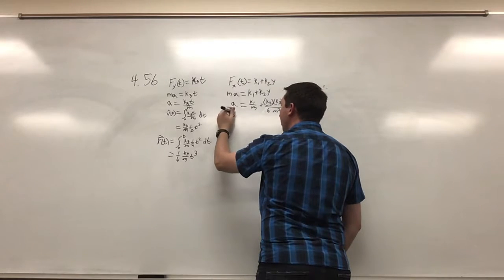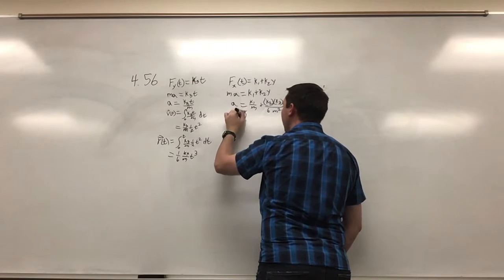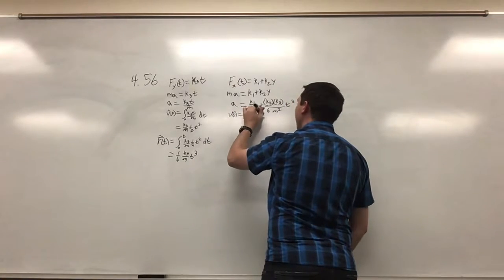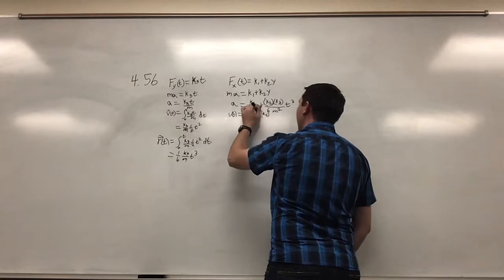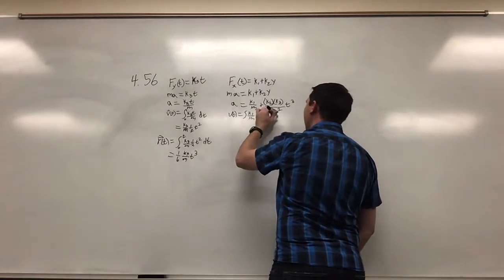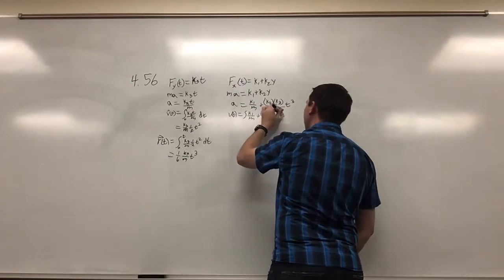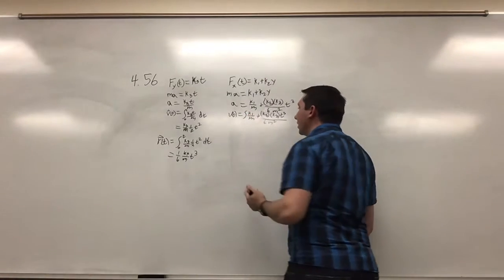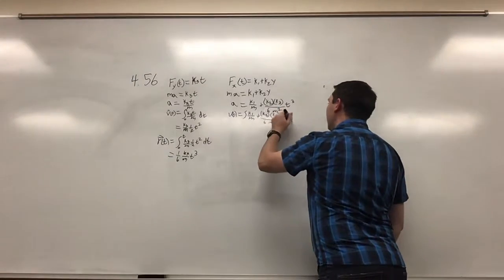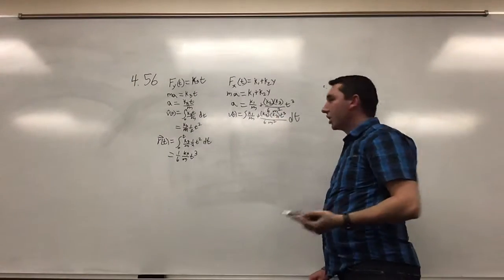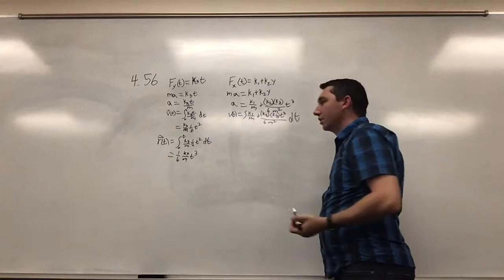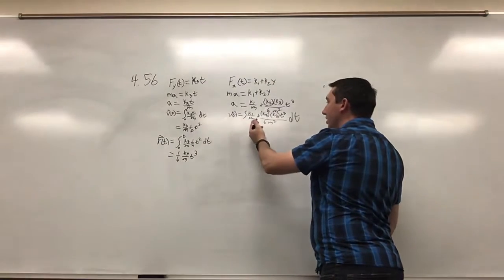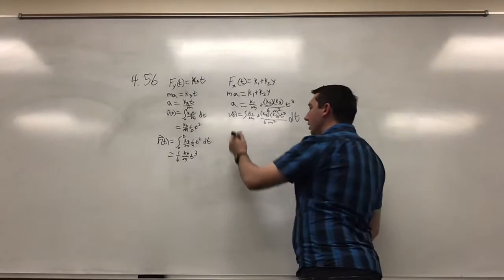So velocity with respect to time is going to be equal to the integral of k1 over mass plus k2 times k3 times t cubed over 6m squared dt. You can use the addition of integrals to break these into separate integrals and solve for them individually.